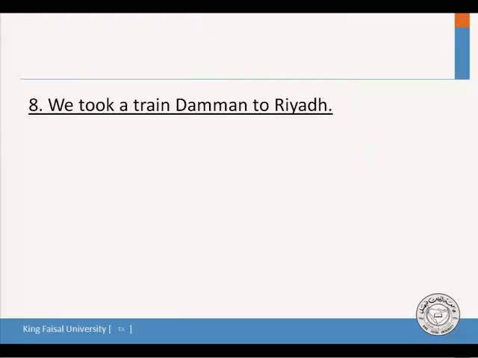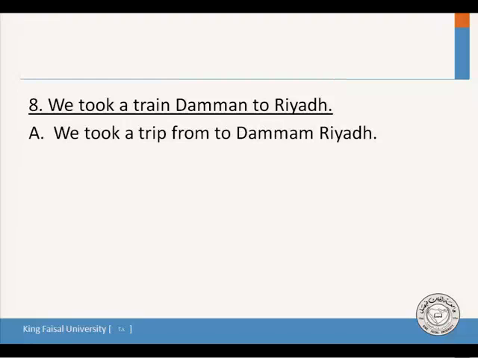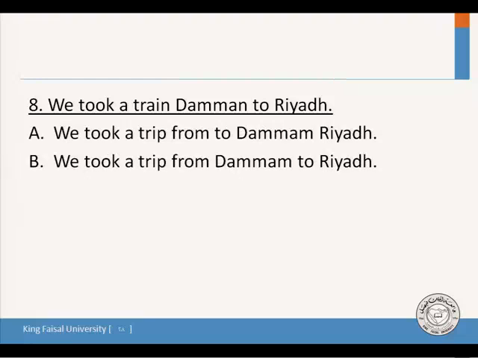Another sentence. We took a train Dammam to Riyadh. What's wrong with this sentence? It is not correct. Can you think about the correct sentence? We took a trip from Dammam to Riyadh, or is the sentence correct?